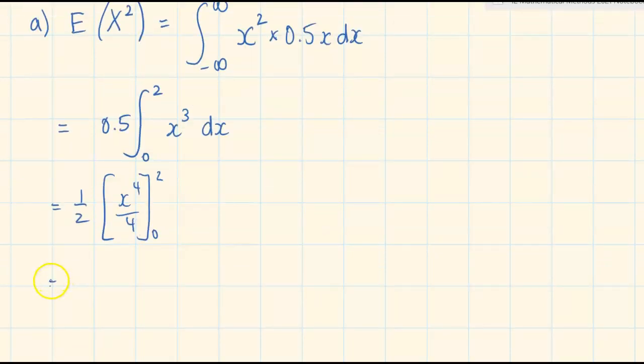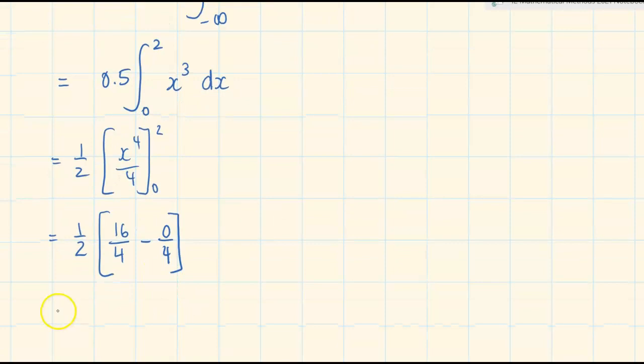which gives me a half times 2 to the power of 4. What do we get for 2 to the power of 4? Well, 16. Thanks, Jay. Minus 0, on 4. So a half of 4 is 2.